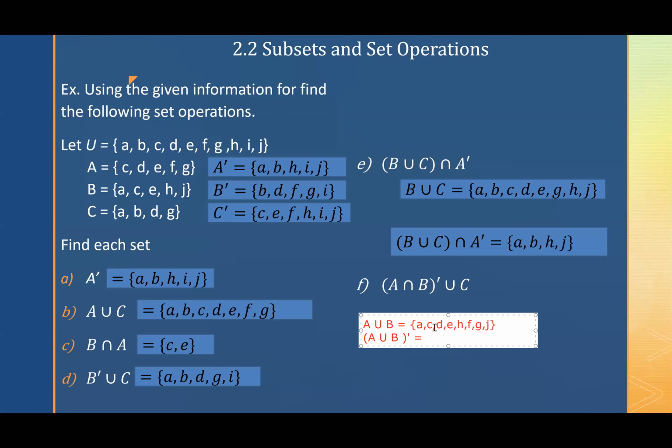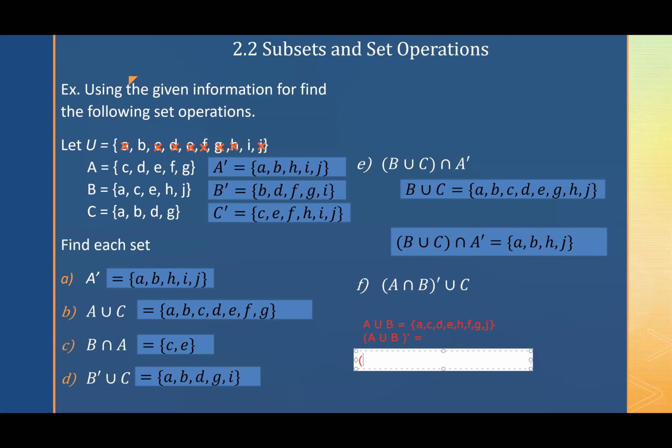Meaning, you go in here and cross out the thing that I have, which is I have to cross out the A, the C, the D, the E, the F, the G, the H, and the J, which is the complement of this item. As you can see, the answer is just B, comma, I, right?